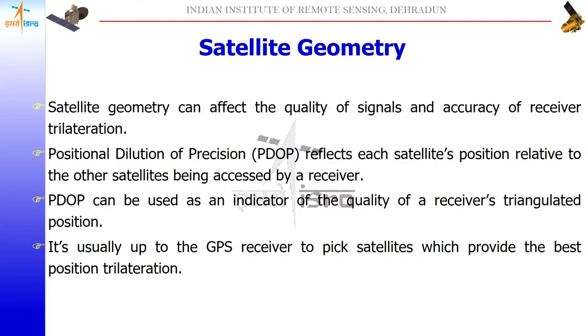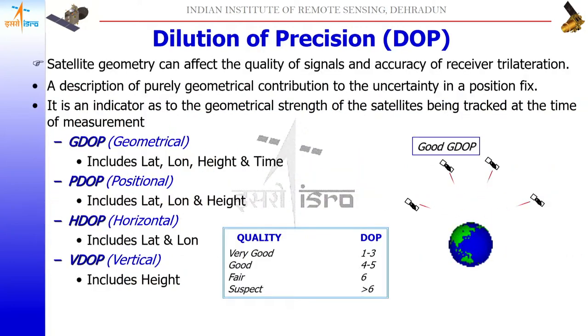That's why we have very good quality, and we are able to get DOP less than 3. A DOP of 1 to 3 means very good, 4 to 5 is good, 6 is fair, and more than 6 is poor. You cannot rely on the geometry of the satellites to determine the position of your location.